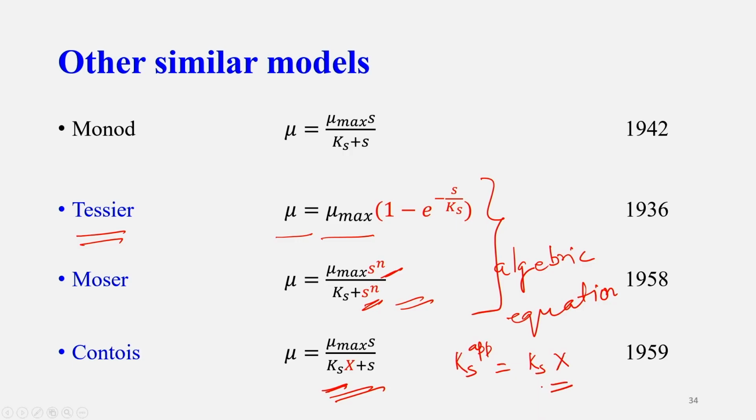So, it says this specific growth rate is also dependent on the biomass concentration, or you can say mu is proportional to x to the power minus 1. So, these are a few variations of Monod equations.